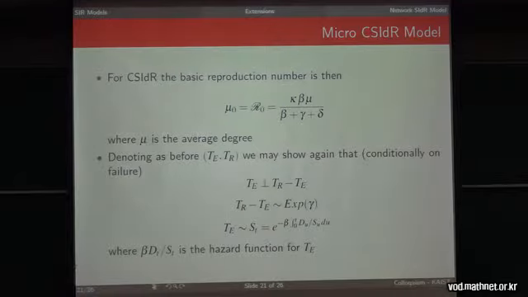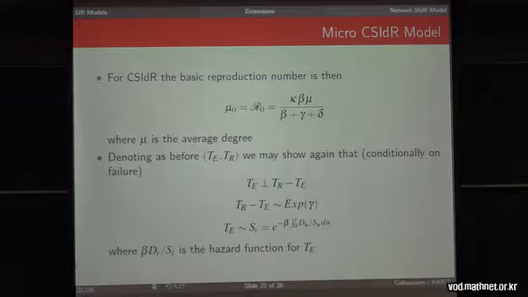So the hazard actually has a more interesting form in this case than in the SIR case. Again, this is a way in which, under the assumption that you are operating within a very large population, you can drastically simplify the description of your probabilistic model that generated the data.